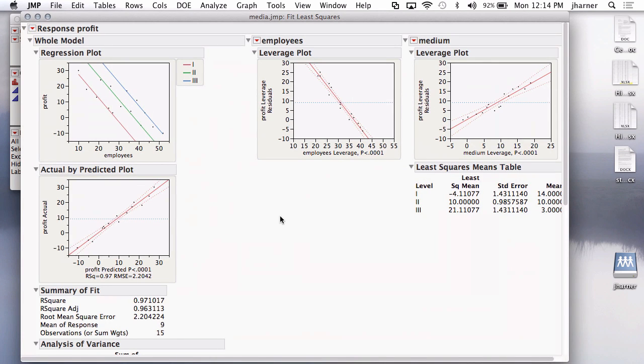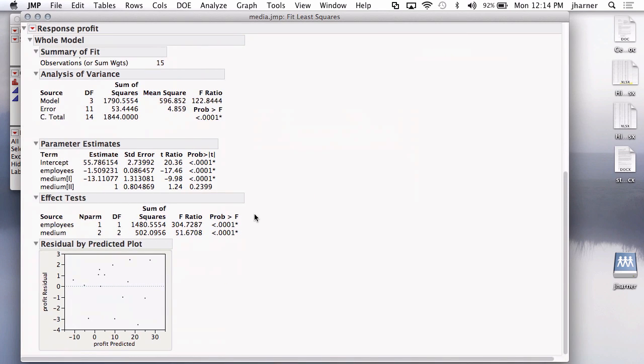So first of all, this is my parameter estimates. That's at minus 1.5092. And these are the median effects and the intercept effect and so forth. And this is the type 2.